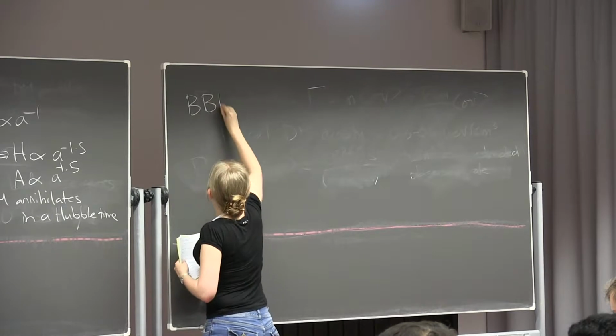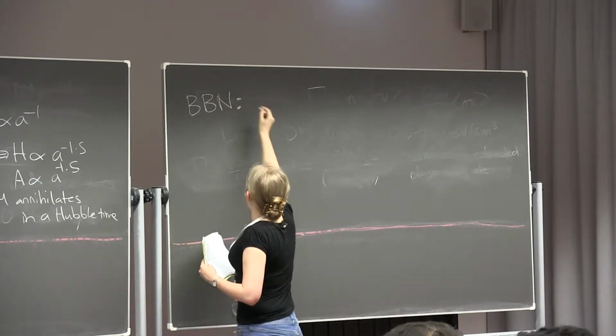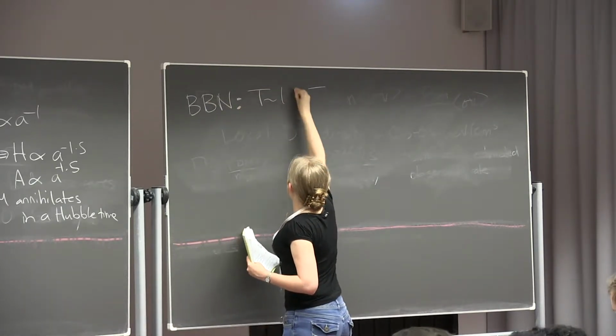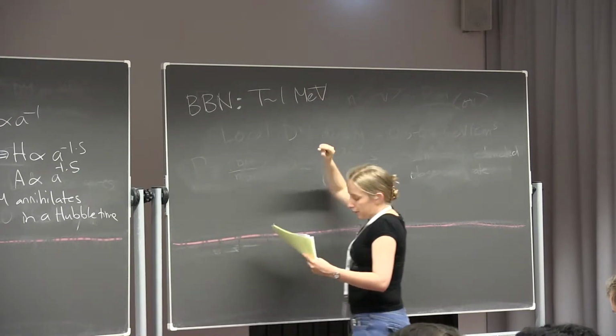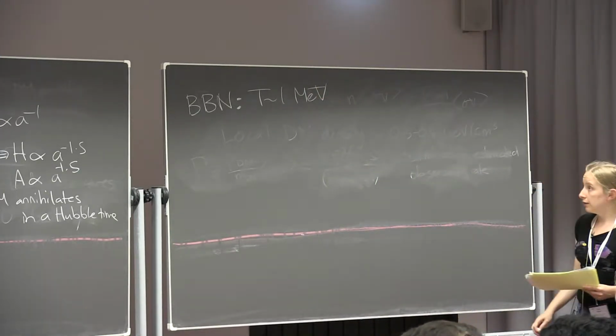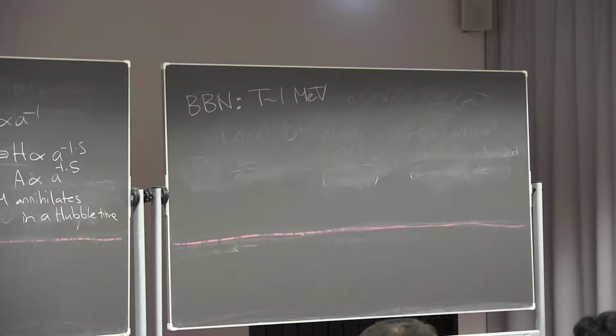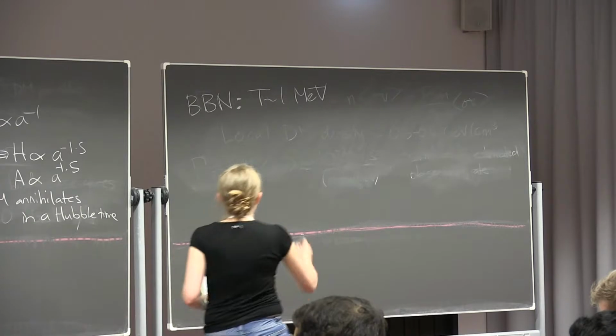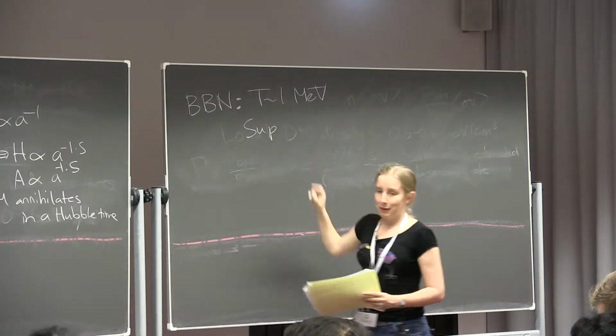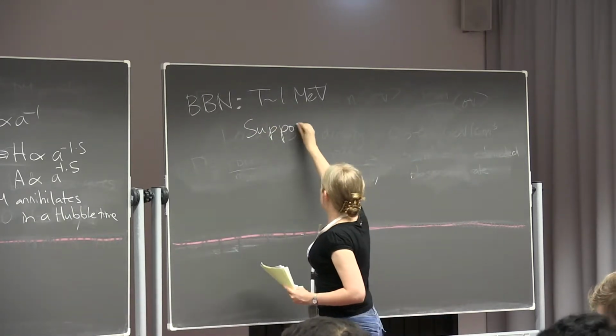So for example, let's consider BBN. At BBN, the temperature of the universe is somewhere in the neighborhood of an MeV. We're still in the radiation dominated epoch. Let's suppose here that we have 100 GeV thermal relic dark matter, okay? We brought it just as an example.